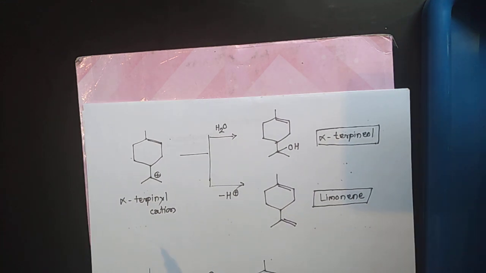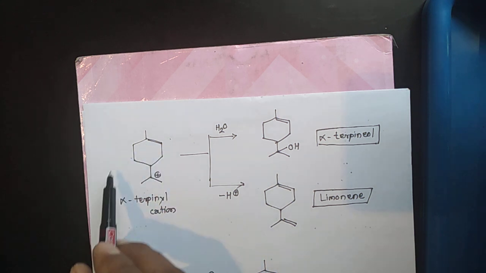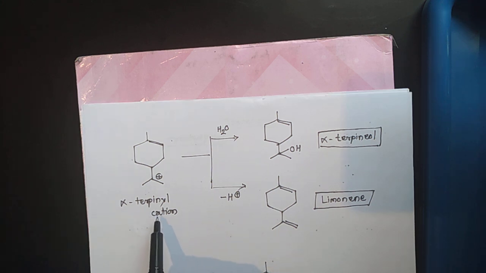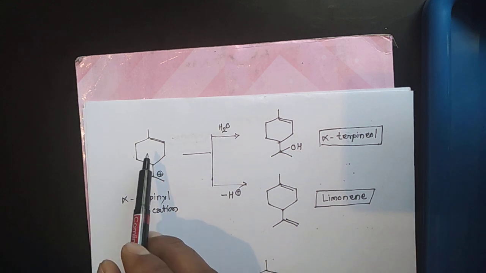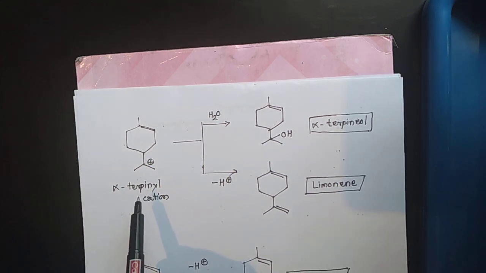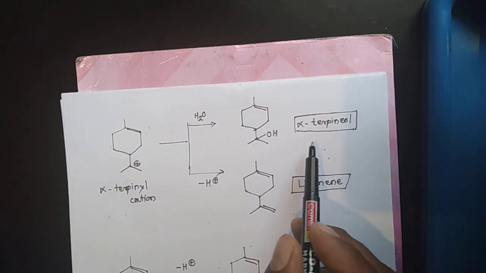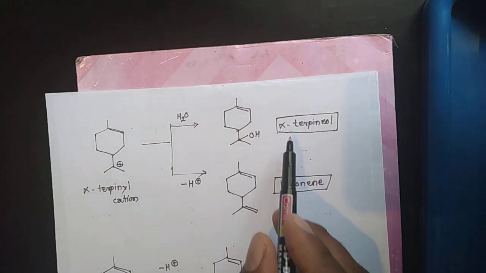The intermediate which we have prepared from the IPP and GPP, from that GPP we have prepared this alpha terpineol cation.